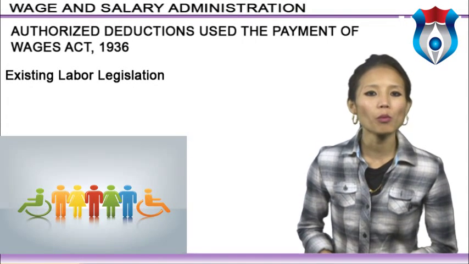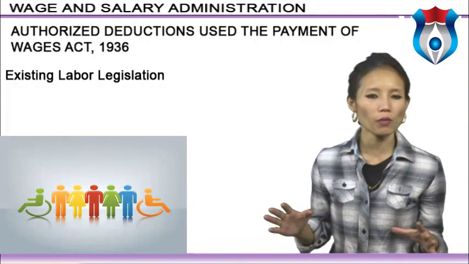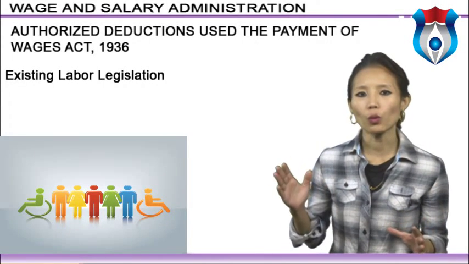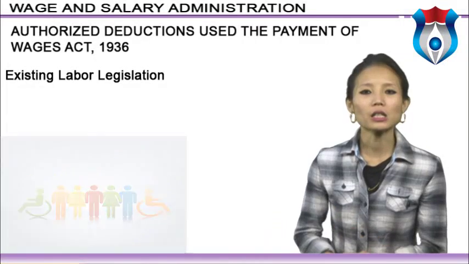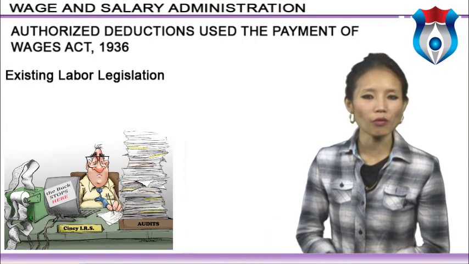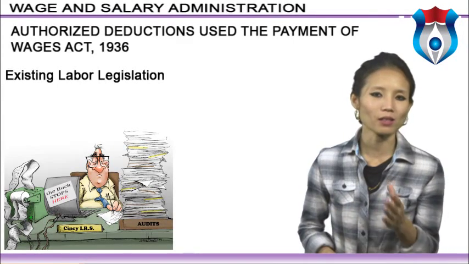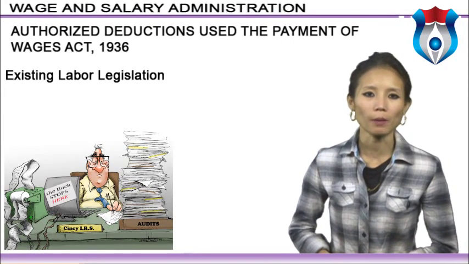Our government in the post-independence period has always felt the need for protection of the large segment of the population, the working class. Article 39 of the Constitution of India provides the principle of equal pay for equal work for both men and women as a directive principle of state policy.